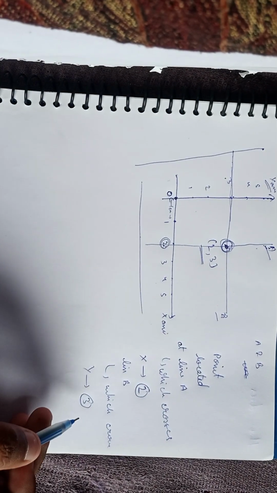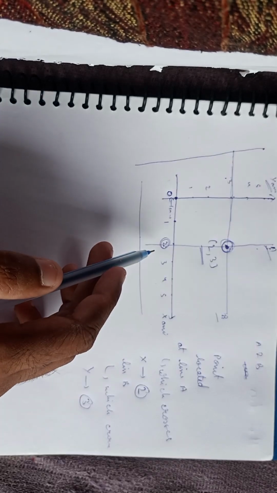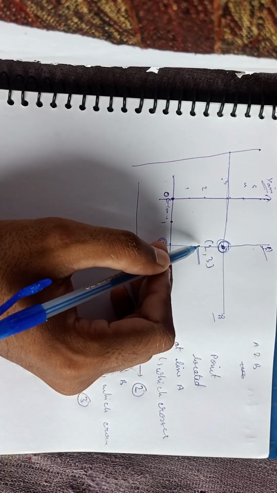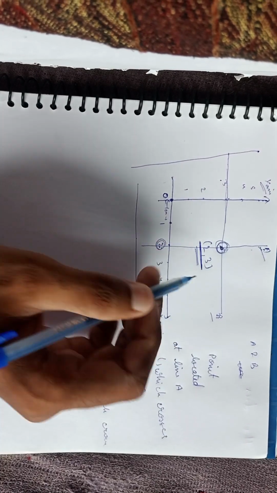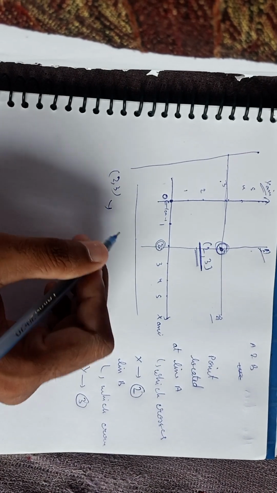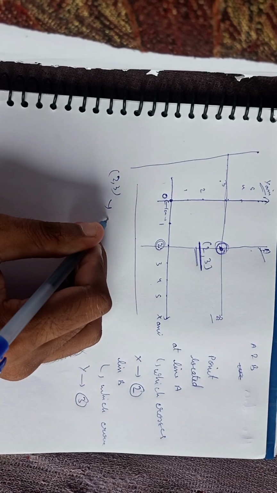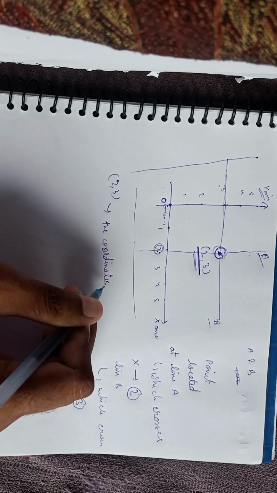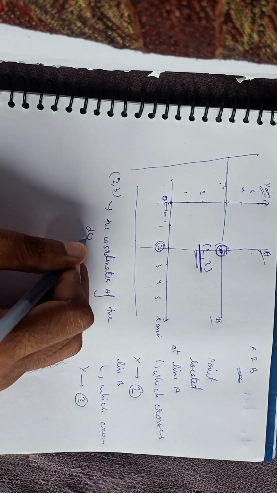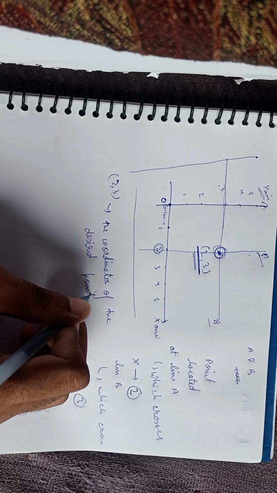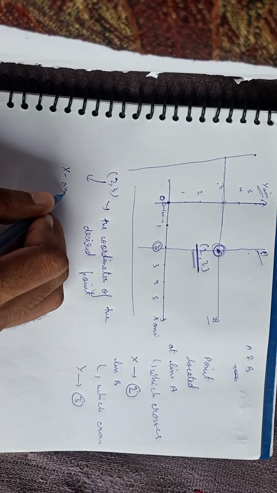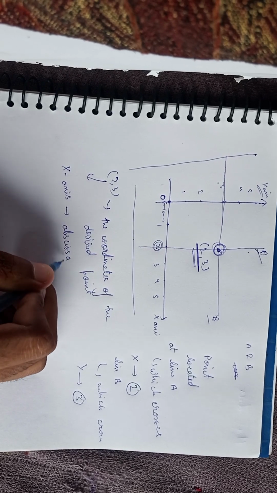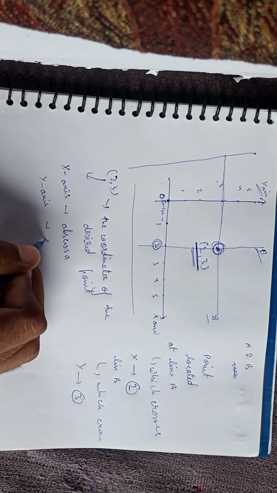So now what the mathematicians called these two numbers, 2 and 3, are the coordinates of the desired point. The x-axis one, the first one, is known as the abscissa, and the y-axis one is known as the ordinate.